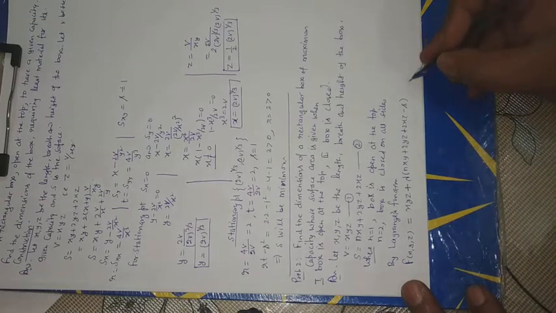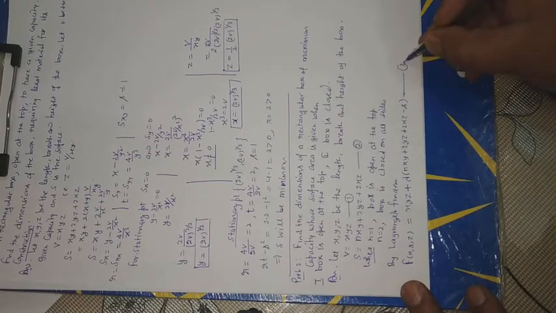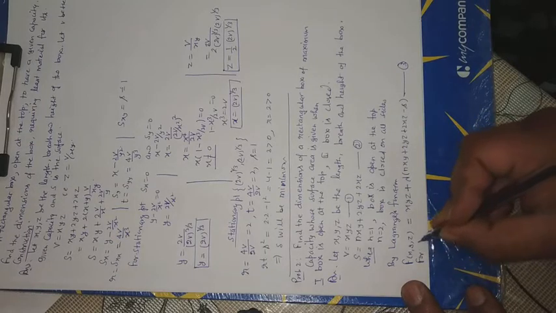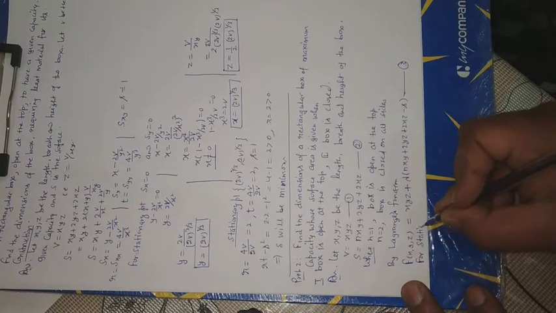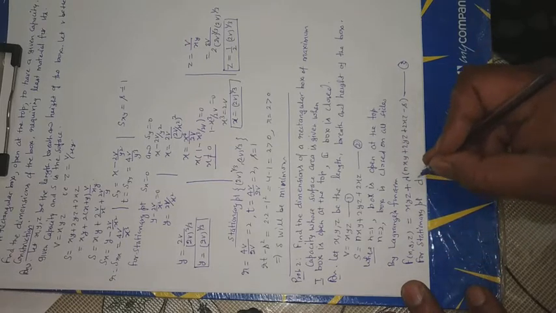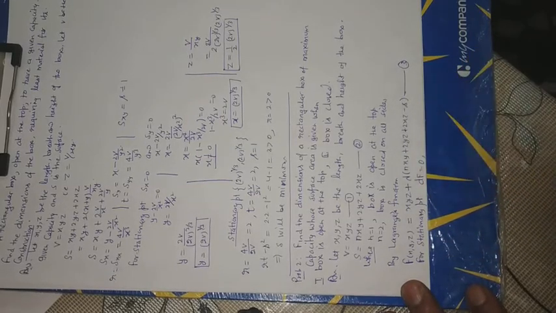Okay, this is equation number 3. For a stationary point, df is equal to 0.